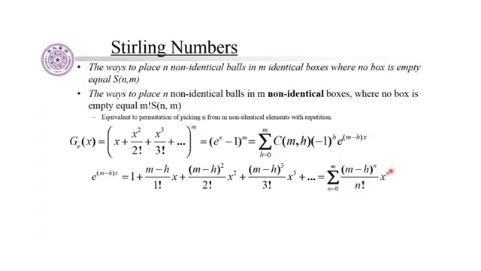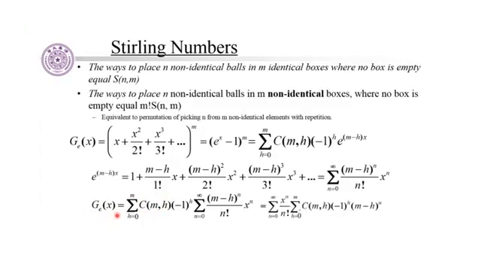The formula also needs C(m,h) times (-1)^h multiplied together. After this multiplication, we can take out the corresponding sum over h, with n going from 0 to infinity of x^n divided by n factorial, and h changing from 0 to m. This becomes C(m,h) times (-1)^h multiplied by (m-h)^n.